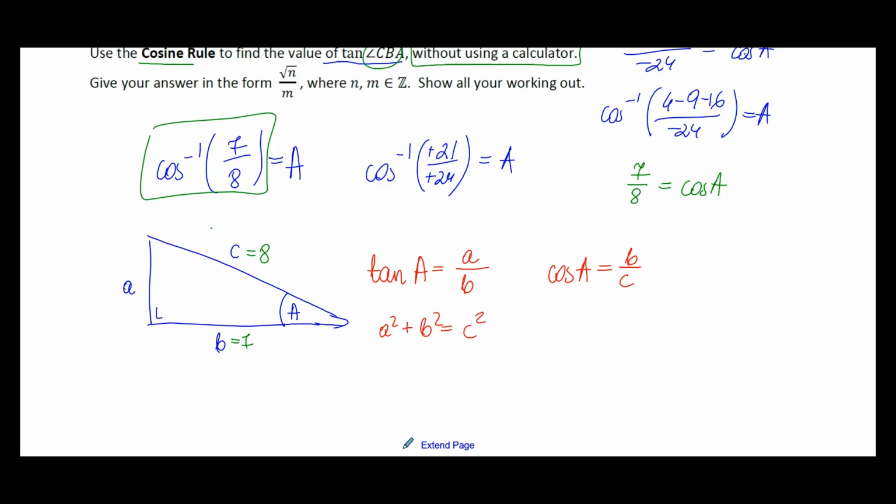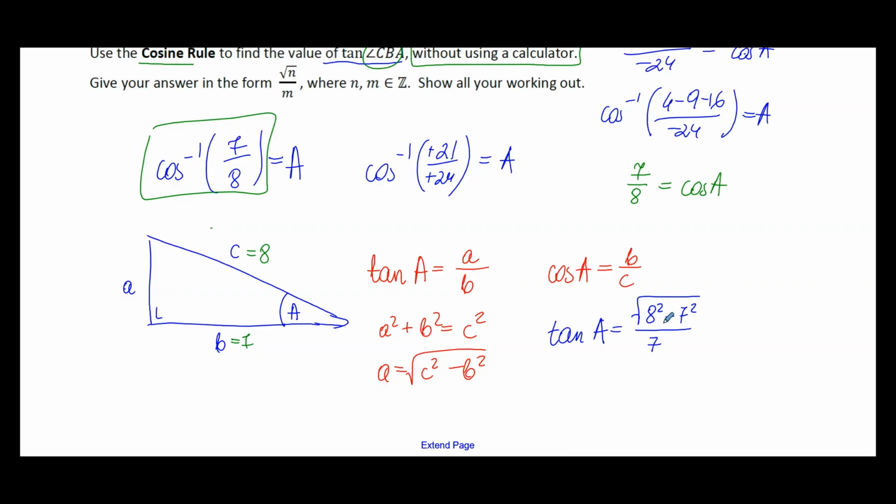If I'm looking for the value of A, I take my B to the other side, change the sign, and then to eliminate the power of 2, we take the square root of the other side. So applying that here, tan of A, the value of A will be the square root of C, which is 8 to the power of 2, minus B, which is 7 to the power of 2, and then divide by the value of B, which is 7.